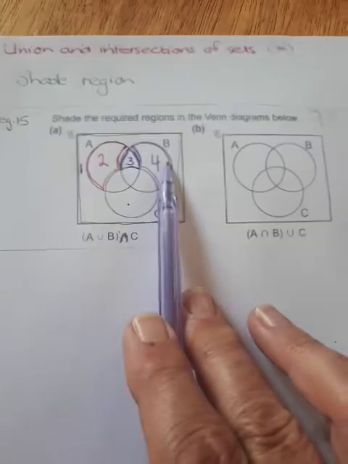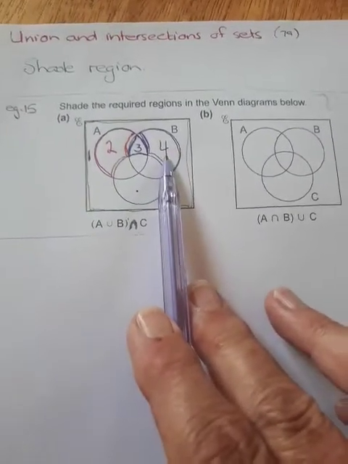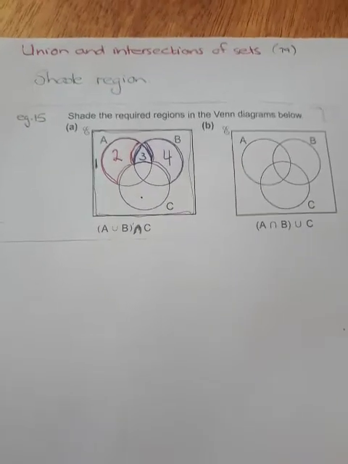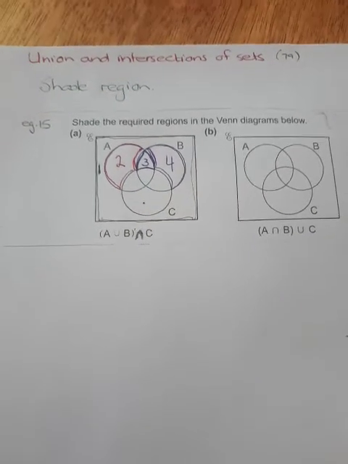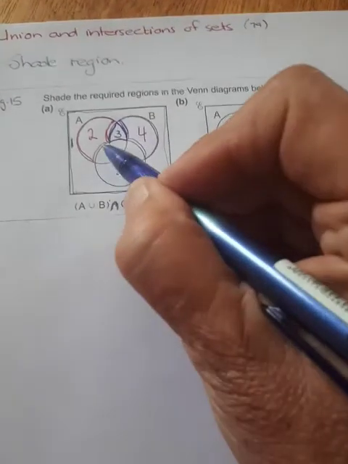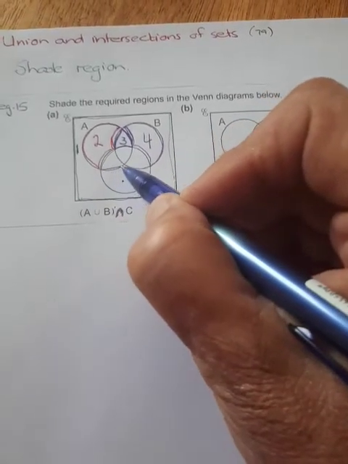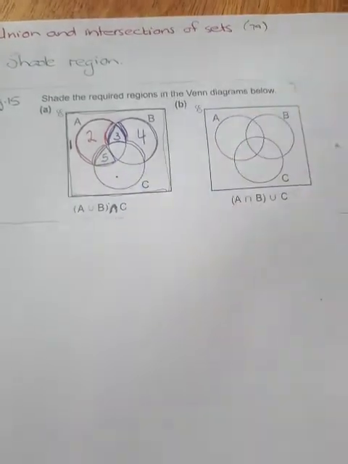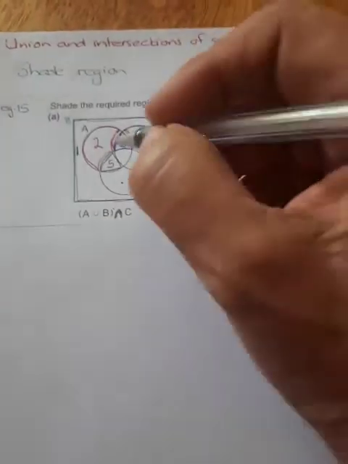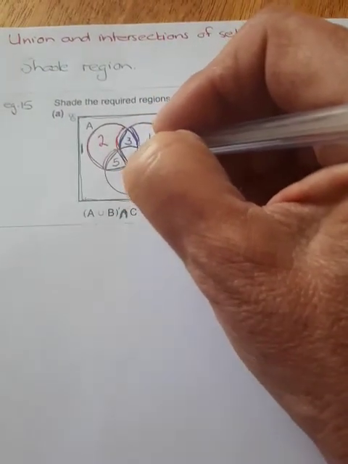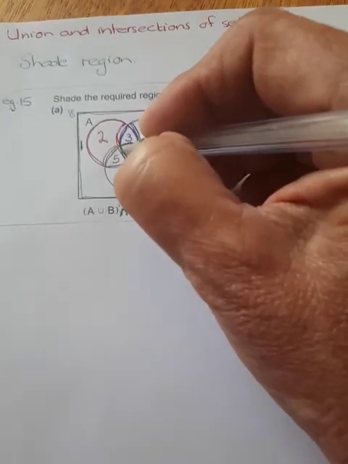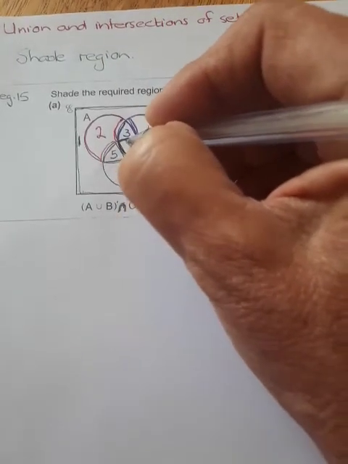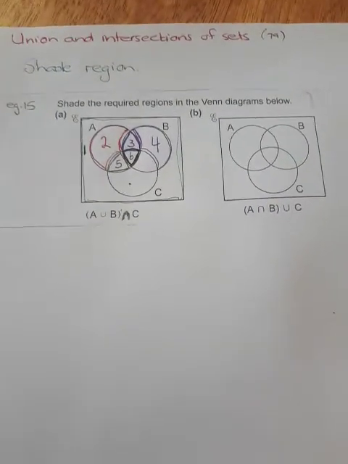So up to here we label in the same way as with two sets. But now we see this region, which I'm going to call 5, and then this region, which is the overlap of A, B and C, we're going to call 6.